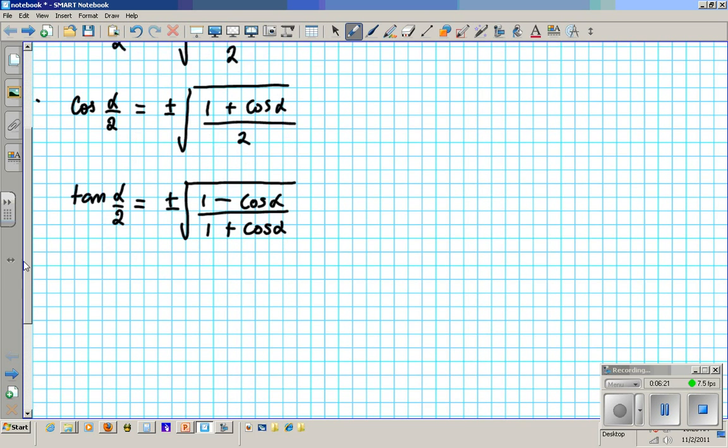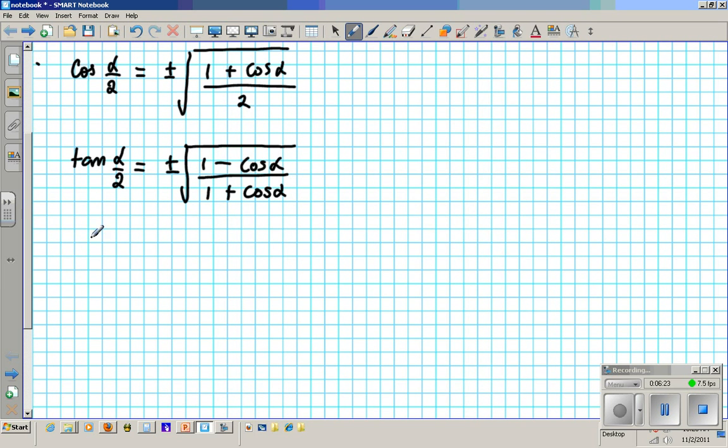All right, so let's try out an example. Example 1. Find the exact value of sine 105.